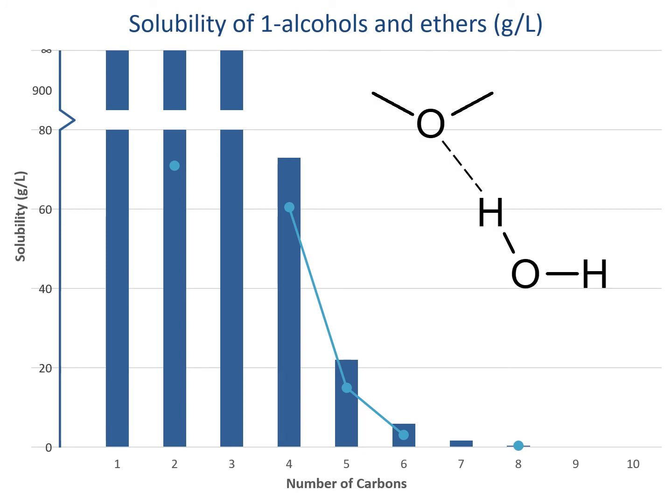This makes sense because ethers can still accept hydrogen bonding from water, as shown by the dotted line between the ether and the H2O, but they can't contribute any hydrogens for intermolecular hydrogen bonding themselves. Like alcohols, this very quickly drops off to the point where we no longer consider even diethyl ether, which has 4 carbons, particularly soluble in water.